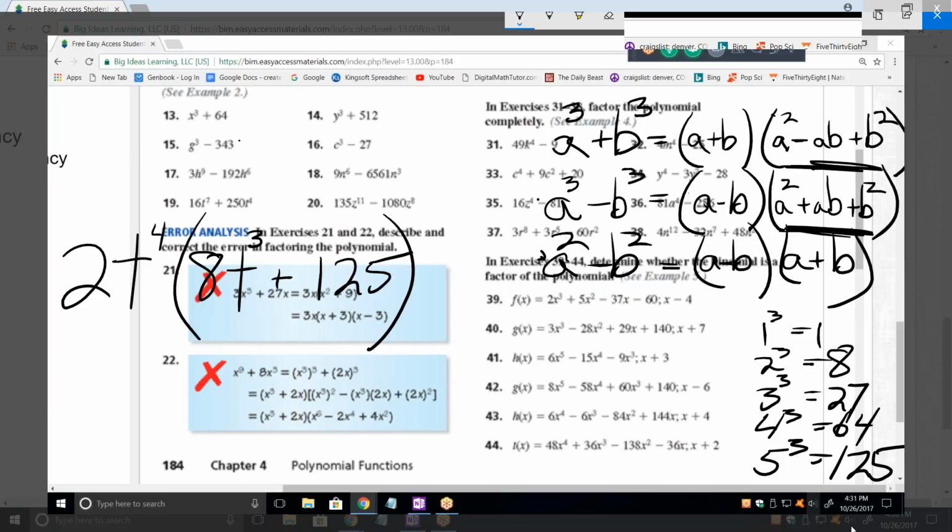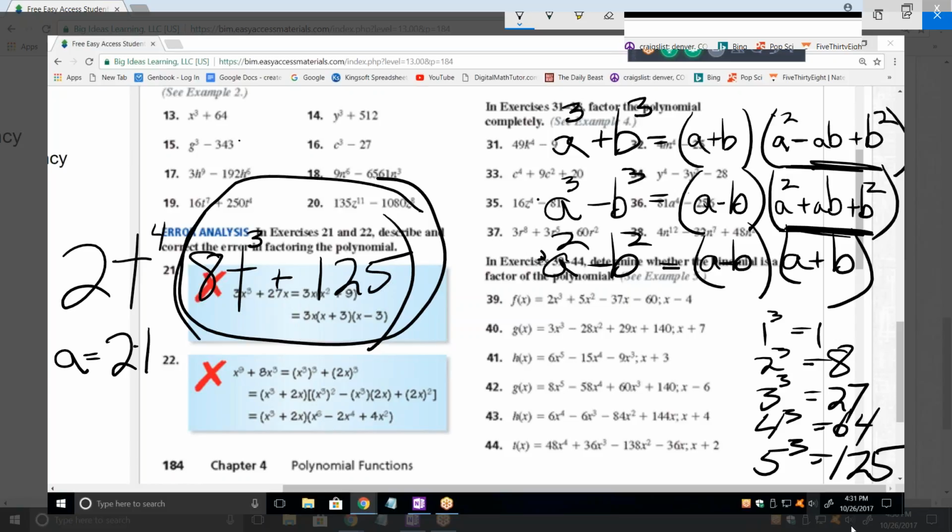So, tell me what A is. Looking at just this part here. First of all, we're dealing obviously with the sum of perfect cubes. Right. So A is 2t. In other words, 2t cubed is 8t cubed.